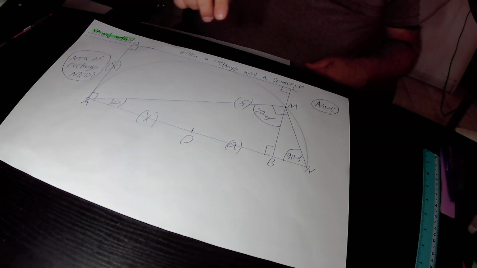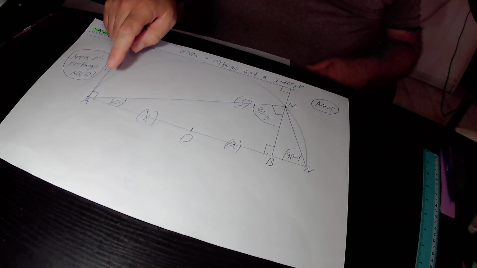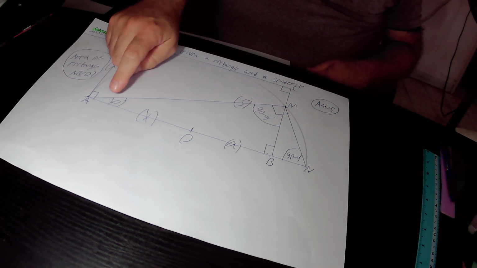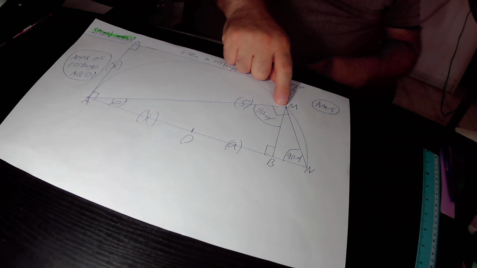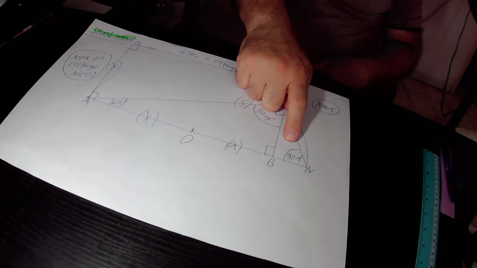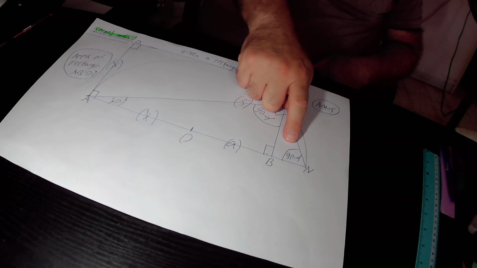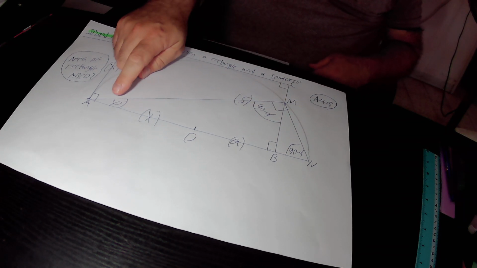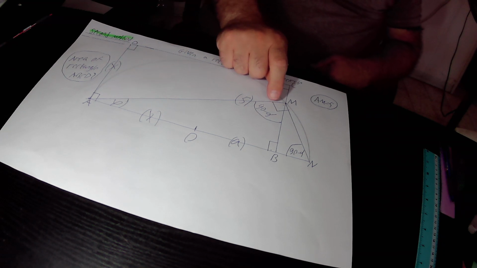In the next step, we define this angle as alpha. So in the right triangle AMN, this angle equals alpha, this angle equals 90 degrees, and therefore the third angle must be equal to 90 degrees minus alpha. Why? Because 90 degrees minus alpha plus alpha is 90 degrees, and 90 degrees plus 90 degrees is 180 degrees, that is the sum of the angles in the triangle.